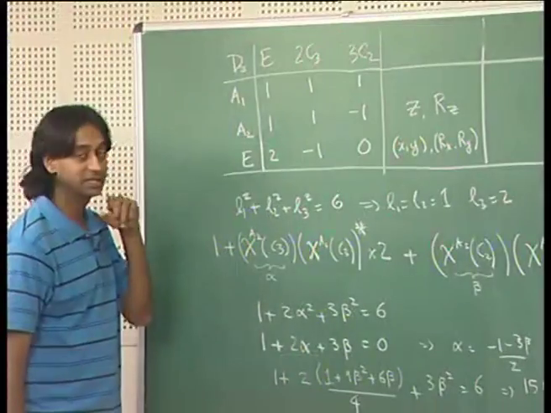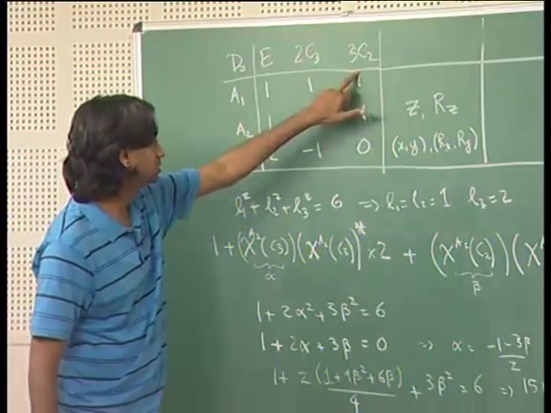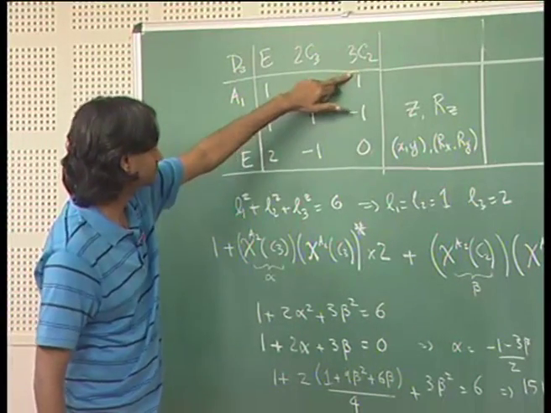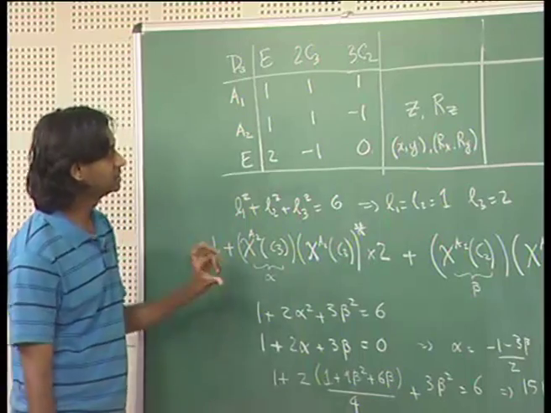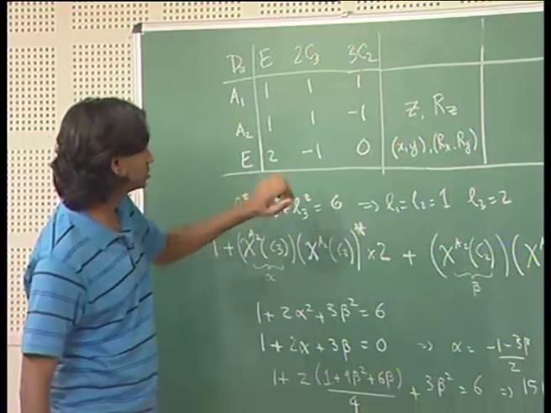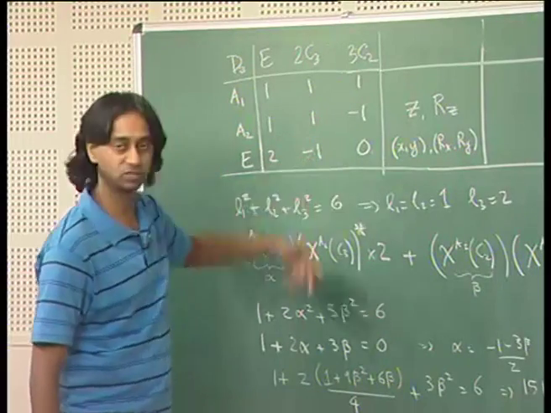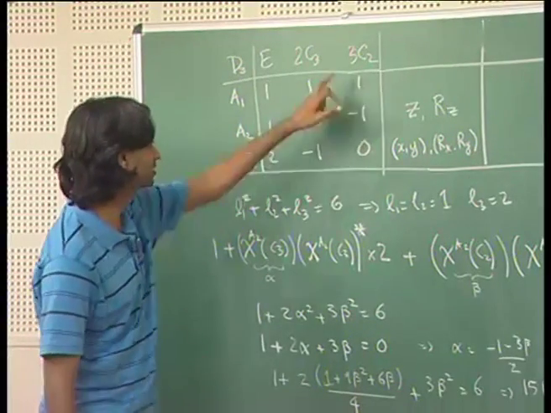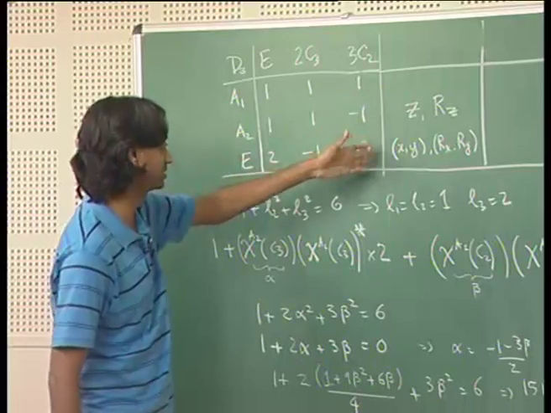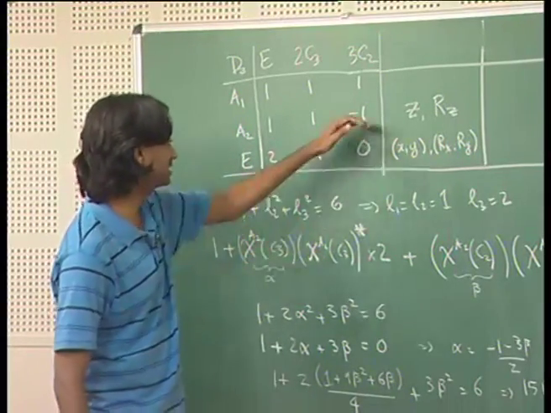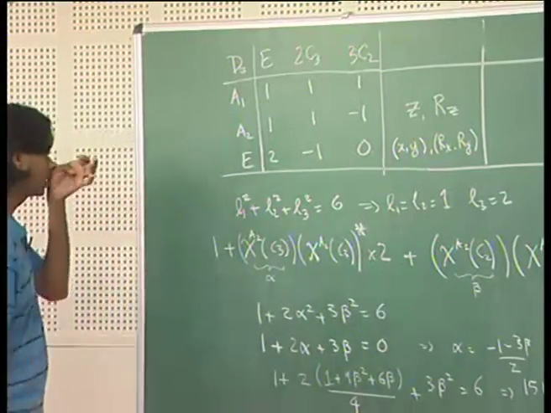Okay. And C2 will not do anything to x and y, okay, but it will change z to minus z. Okay. Depending on which way C2 is oriented, it might also affect x and y, but in general it changes z to minus z. Okay.